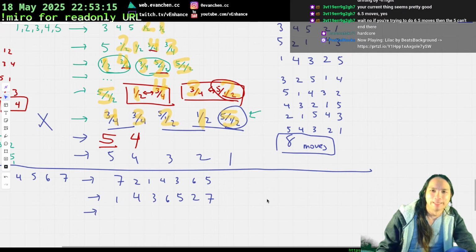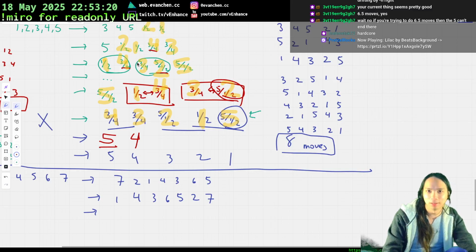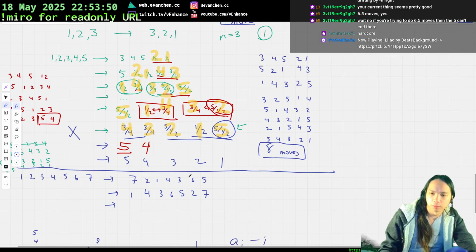But okay, what I should actually do is highlight the things that actually swap here. Like, this one had a swap. This one had a swap. First, second, then a swap. No swap, no swap. And then finally a swap at the end.